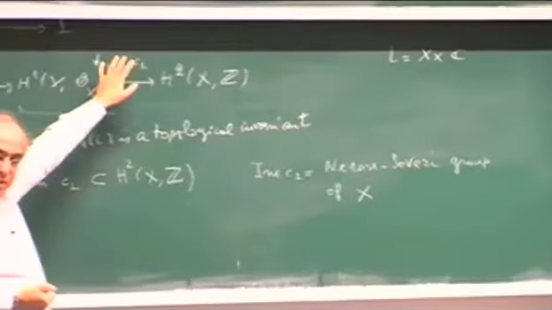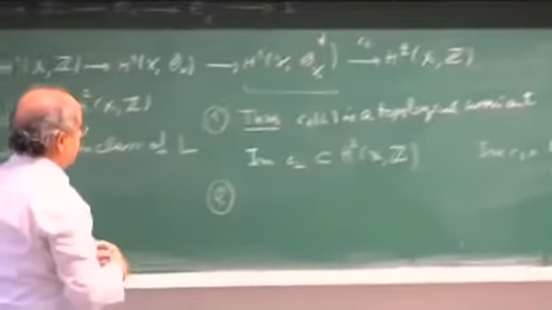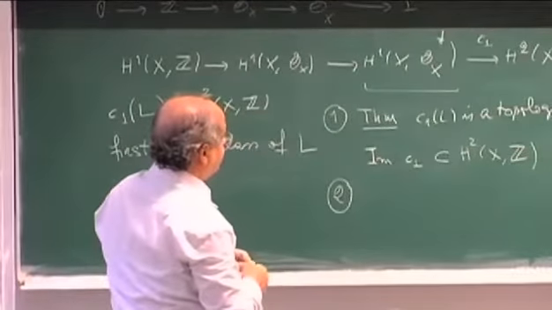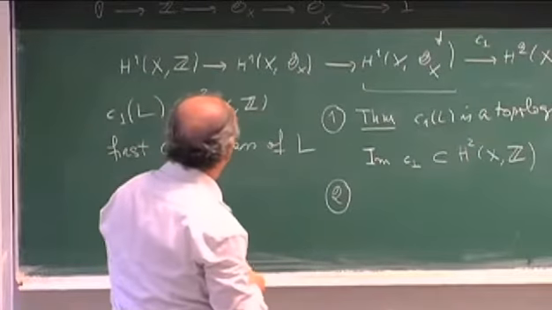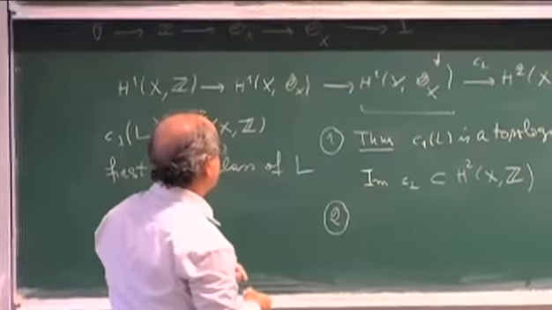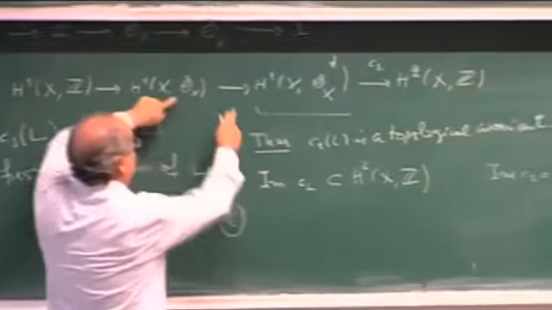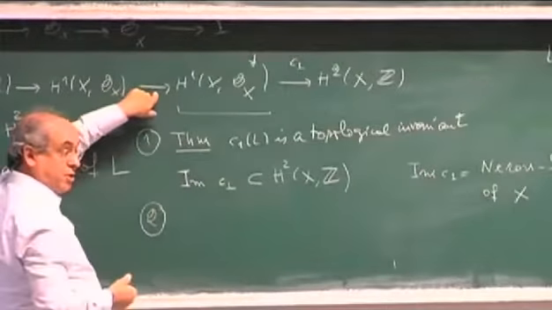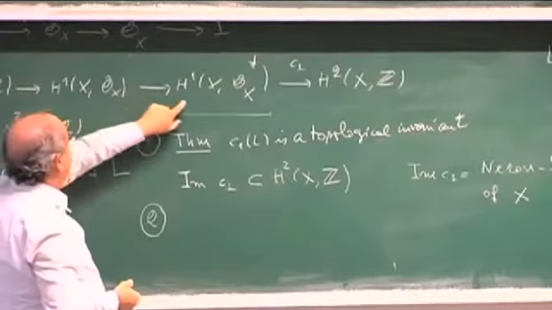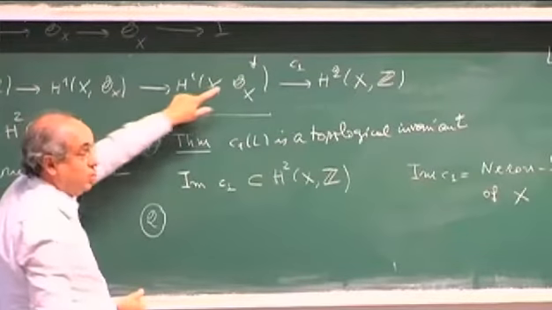Okay, one should prove it, but it's quite reasonable. So the question is, if C1 of L is 0, is the line bundle trivial? And we see that this is not the case because this arrow in general will have a non-trivial image. And if something is in the image of this, it will go to 0.